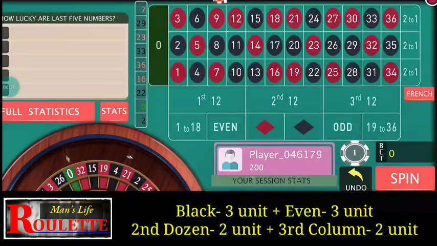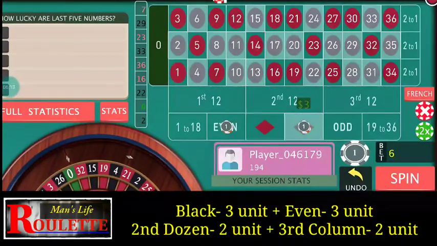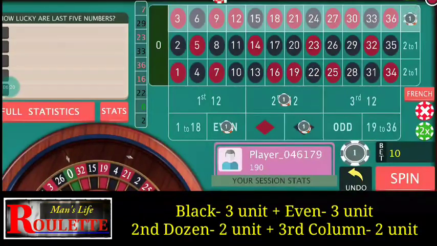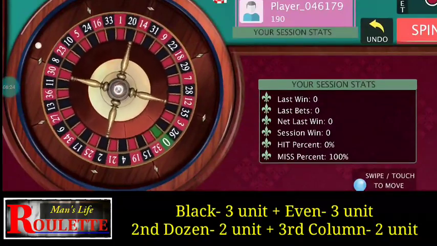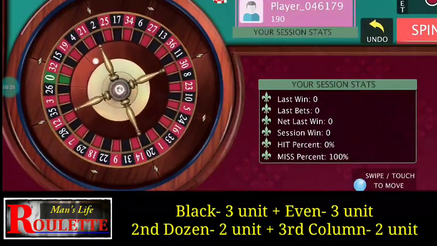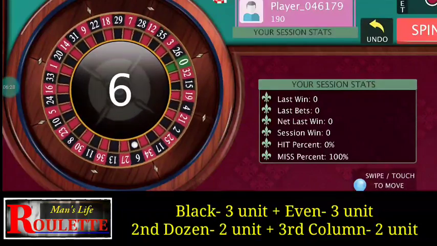So, some gameplay with this strategy. This is the position I have told you earlier, and 2 units at both the dozen and column, and play. We have started the game from a $200 bankroll, and our target is $30, as I told you.